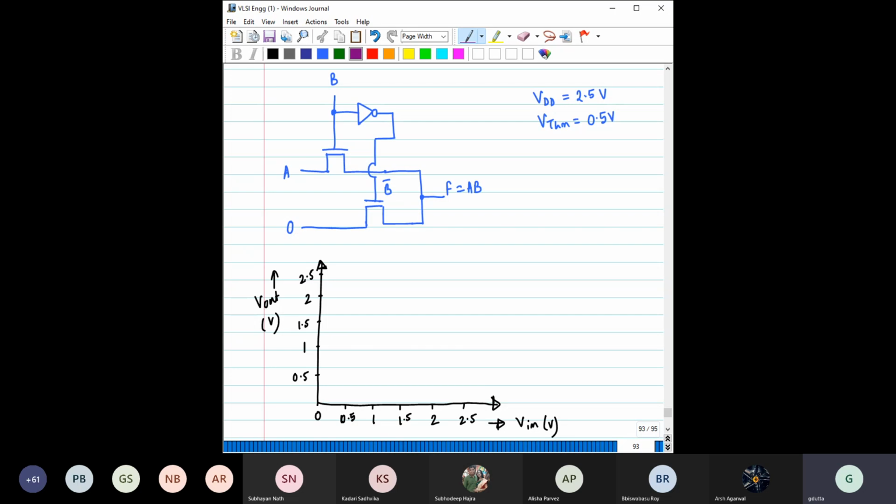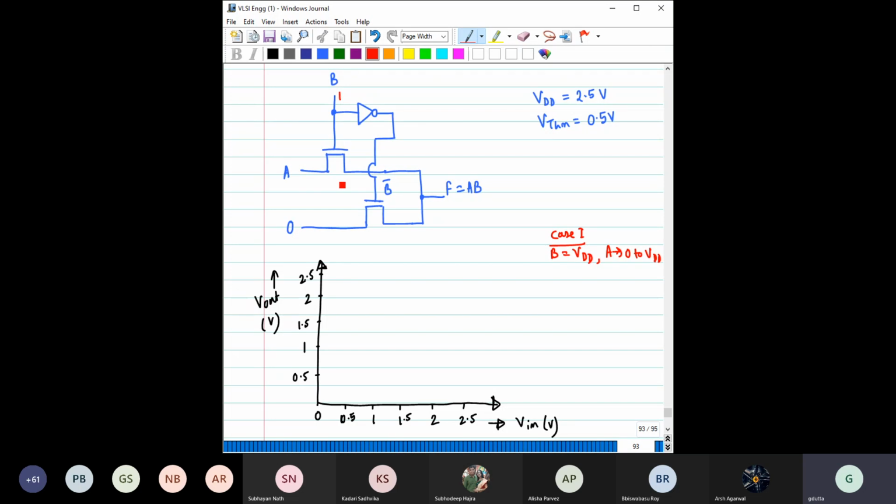Right. So for example, let us say for the first case that we will assume B is equal to VDD and A is changing from 0 to VDD. This is case 1. Now for this, B is equal to VDD, so that means this is 1, and A is changing from 0 to VDD.